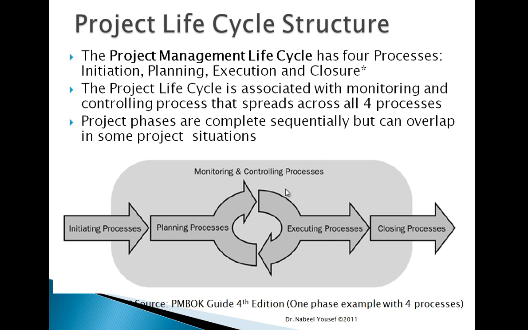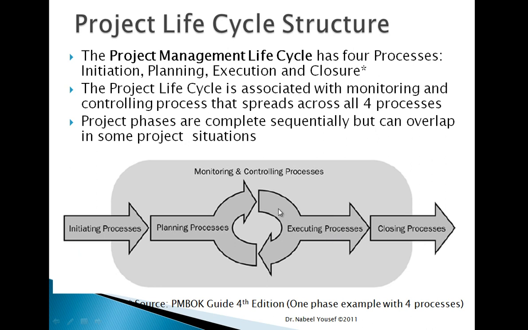The primary deliverable or objective of the phase requires an extra control to be successfully achieved. And when we say a phase, this figure here represents one phase. So for a project with one phase, you can see that we have the initiation process, which leads to planning, execution, and the closing process.